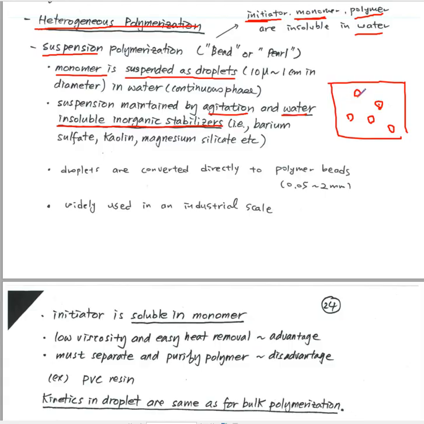These droplets are directly converted to polymers with similar sizes, right? Polymerization occurs inside these small monomer droplets, in sizes of tens of microns to 1,000 microns. It's very simple, right? So it's widely used even at industrial scale.